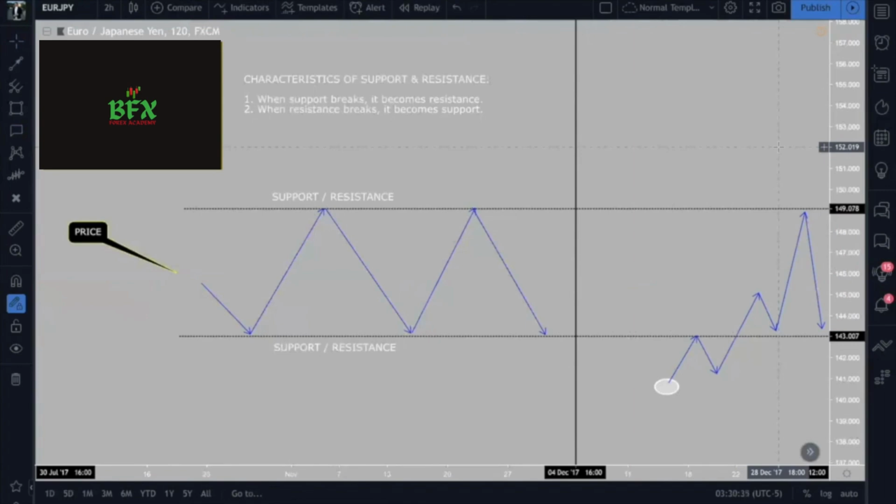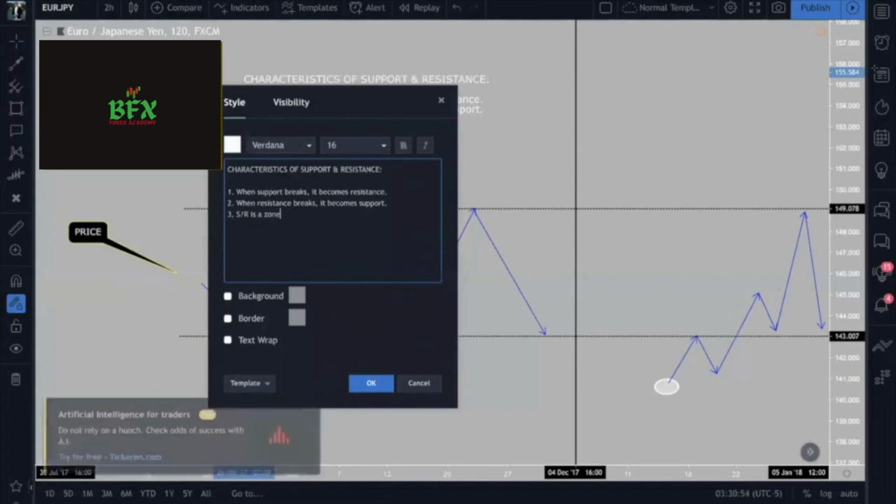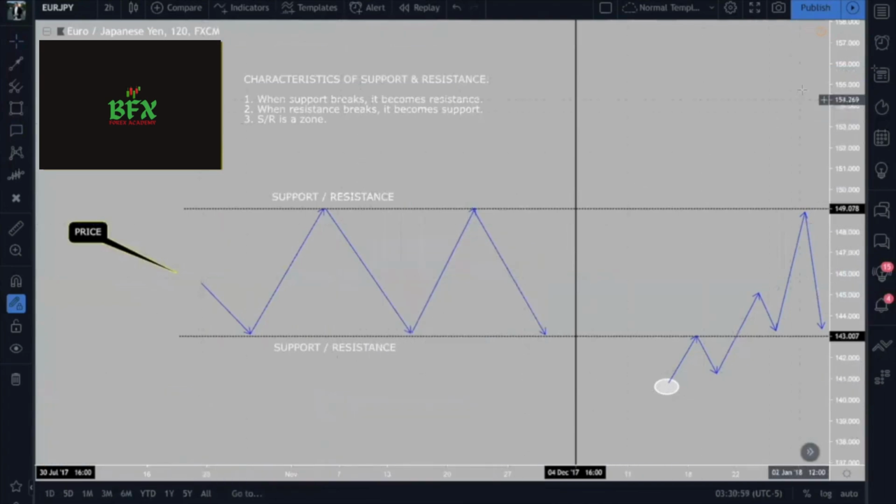Now, there is one other important thing that you need to understand about support and resistance, which is that support and resistance, and we're going to call it SNR for shorthand, and you're going to hear that a lot moving through the rest of the material in the education platform, is a zone, not a solid line. Often depicted as a solid line, though you must understand conceptually it is actually a zone.